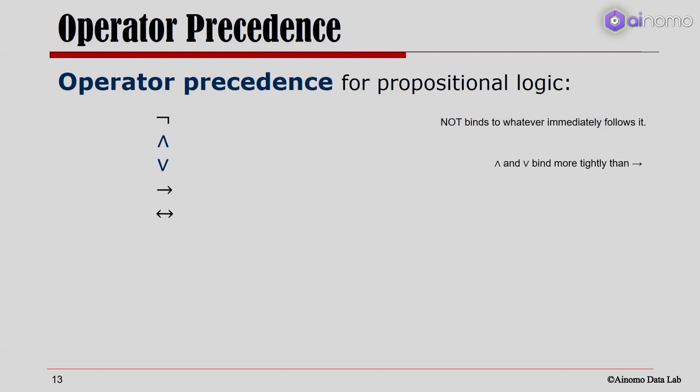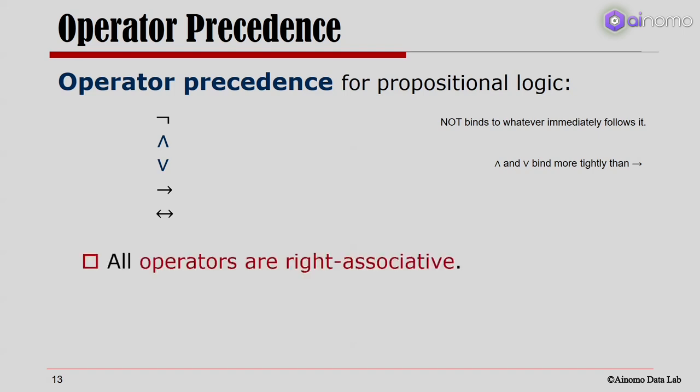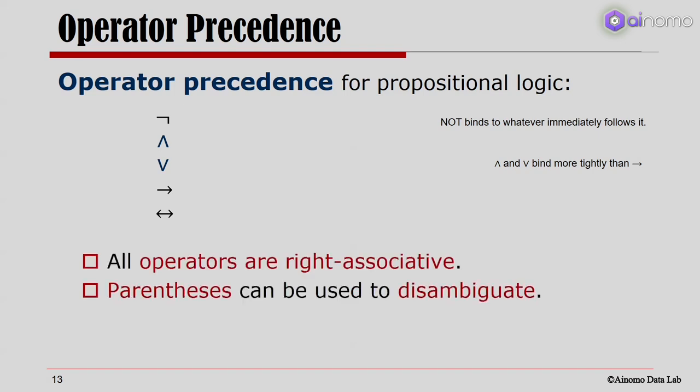The conjunction and disjunction bind more tightly than the implication, and all operators are right associative. Now, as mentioned earlier, we can use parentheses to disambiguate the operator precedence in a propositional logic formula.